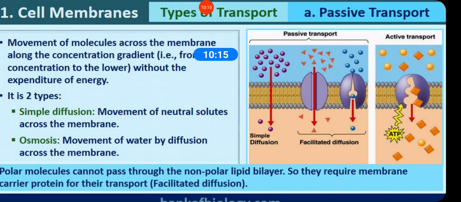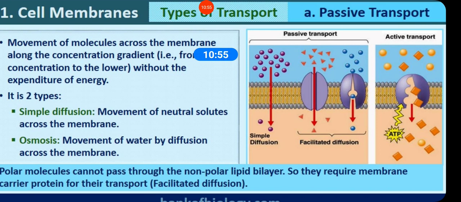So passive transport involves simple diffusion, that is the movement of solutes across the membrane where there is no barrier, along the concentration gradient. Examples are gases and small molecules. In osmosis, water molecules pass through the membrane from a region of higher concentration to lower concentration. Now there is a new term for you: facilitated diffusion. In this diagram you can see the molecules are transported along the concentration gradient with the help of ion channels or permease enzymes.